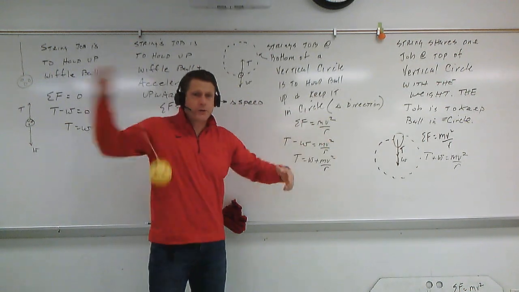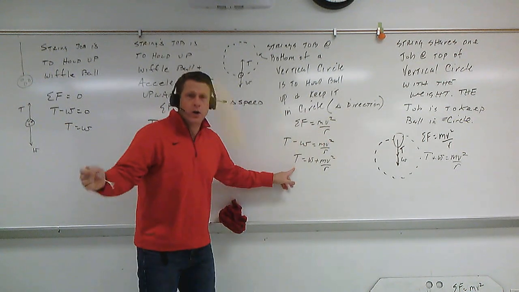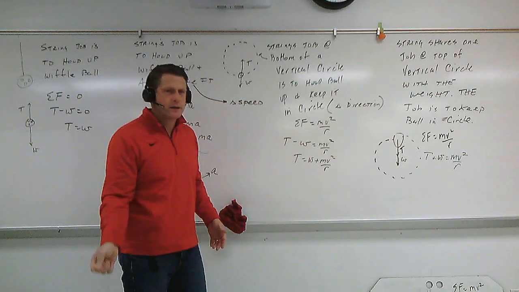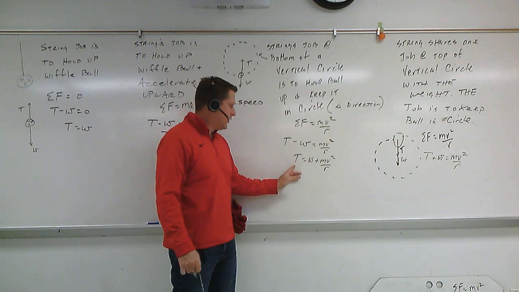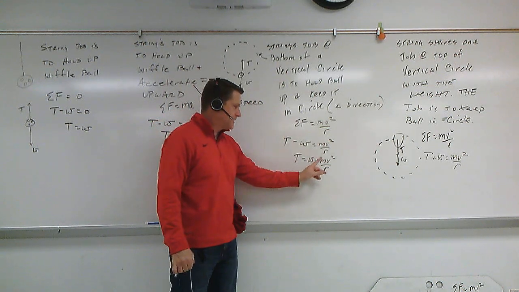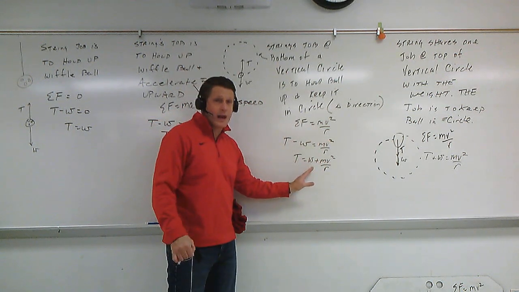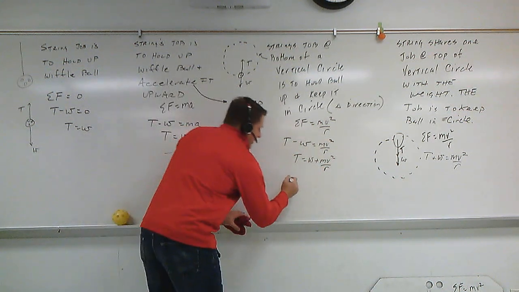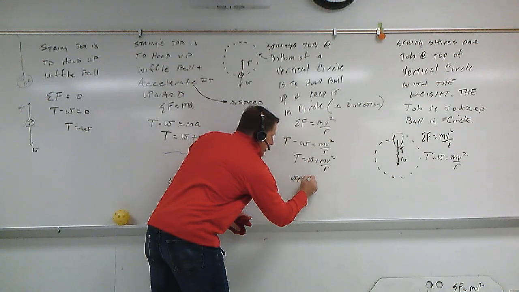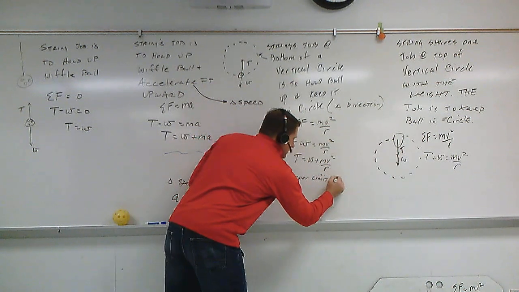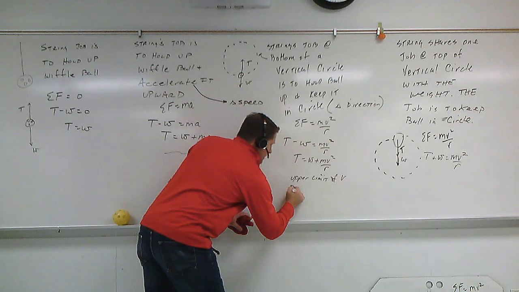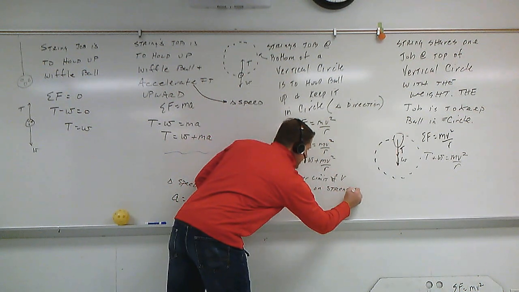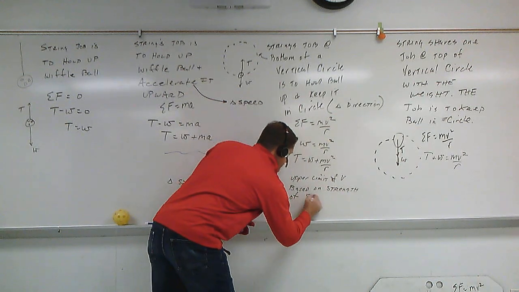Well, in order for the ball to stay in the circle, what's on the left has to equal what's over here on the right. So this tension has to be equal to the weight plus mv squared over r. So here we have basically an upper limit of v based on the strength of the string.